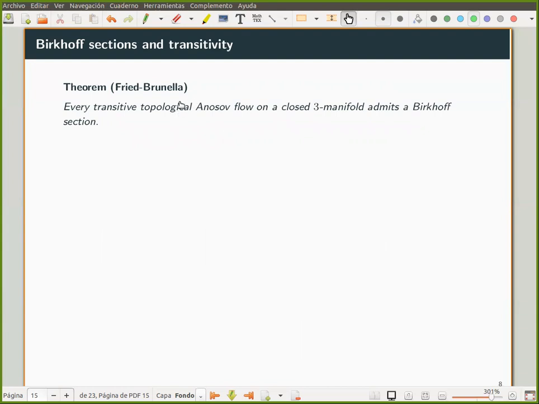Every transitive Anosov flow on a closed three manifold admits at least one Birkhoff section. This theorem was originally proved by Fried, and then it was generalized to any transitive expansive flow by Marco Brunella.